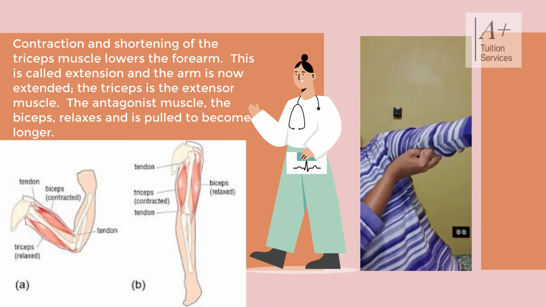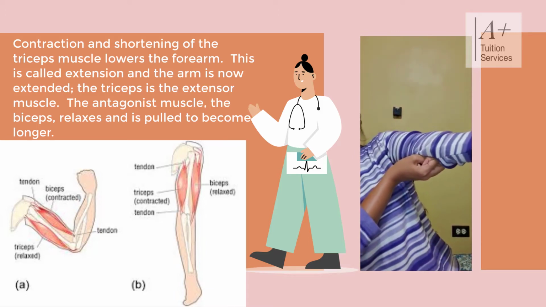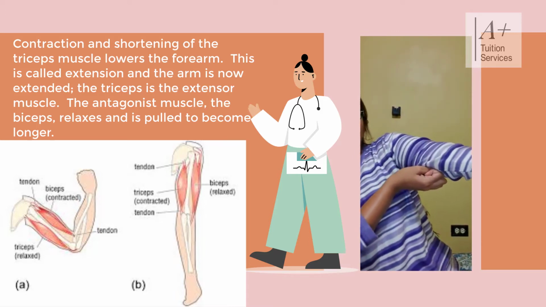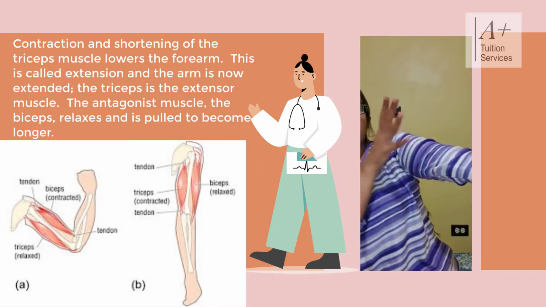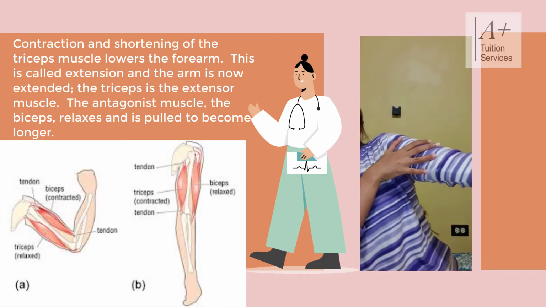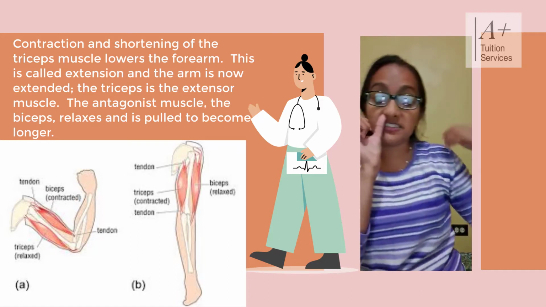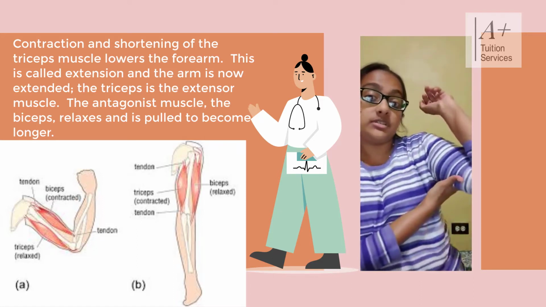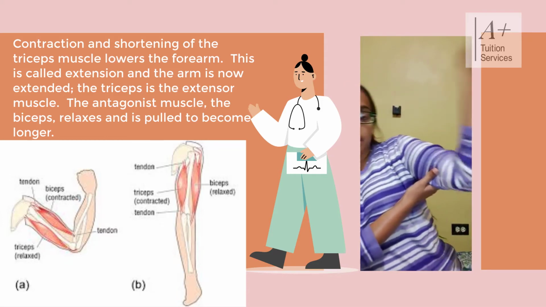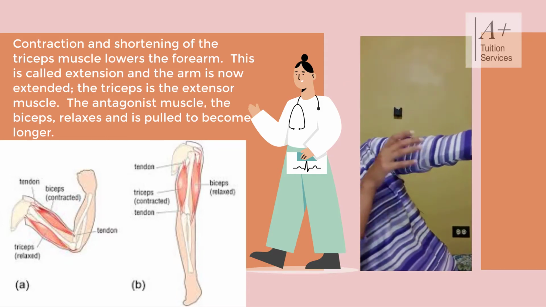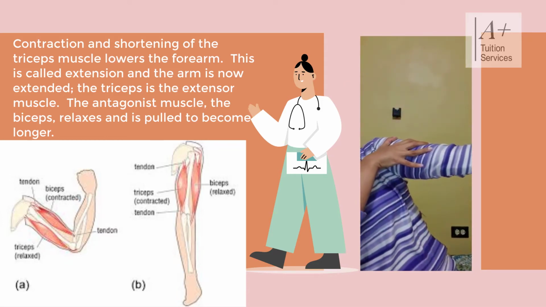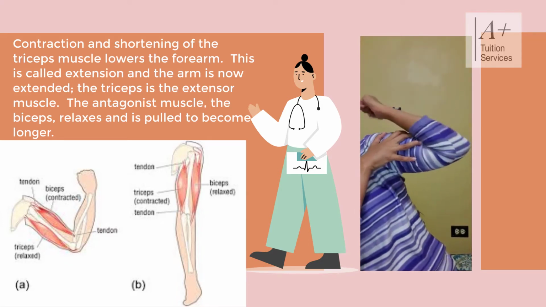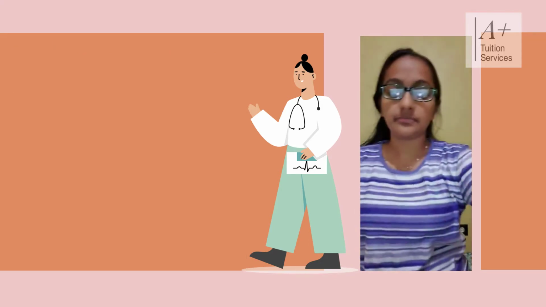The antagonistic muscle here now becomes the bicep, which relaxes and lengthens as the tricep shortens and contracts. So your tricep muscle is your extensor muscle, meaning it extends the hand, and the bicep muscle is your flexor muscle, meaning it flexes the hand this way.